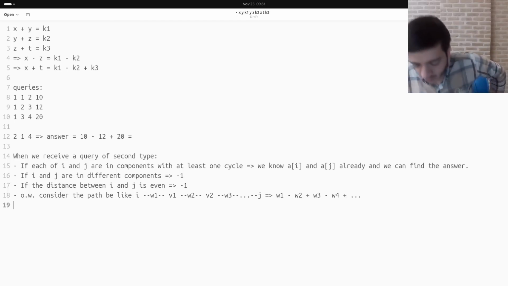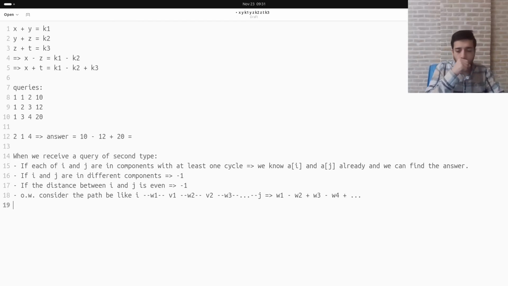Okay, so at each moment, any vertex like i can be in one of four states.